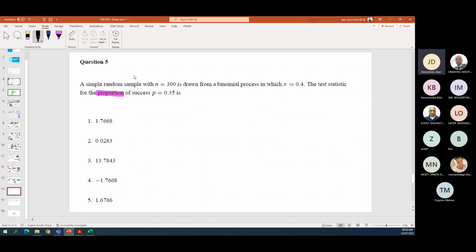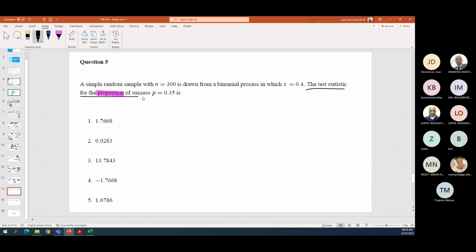Okay, so the next one again is looking at a proportion that we're looking at. Okay, so let's see what we need to. A simple random sample then is drawn from that.